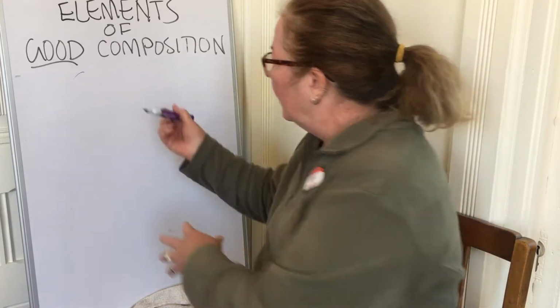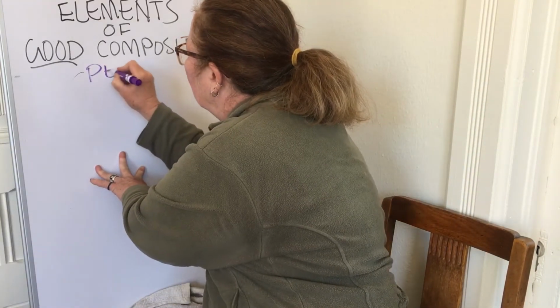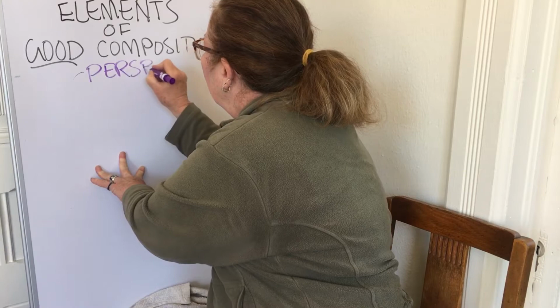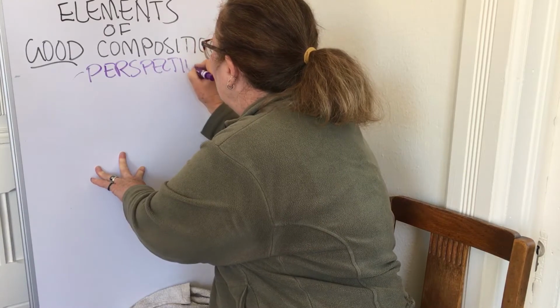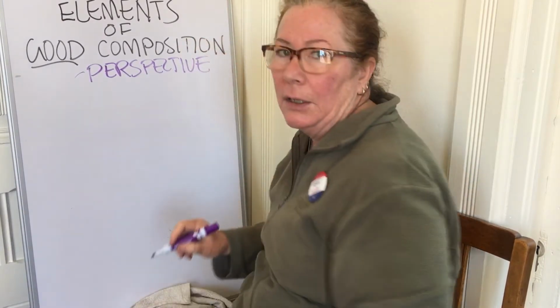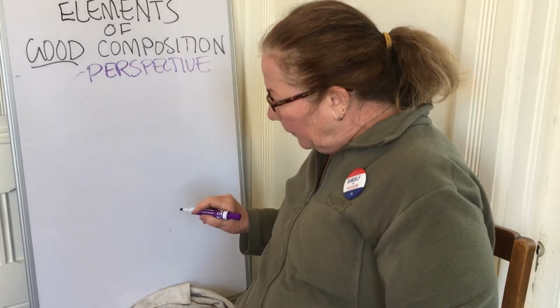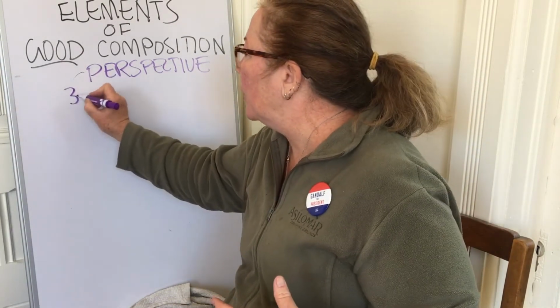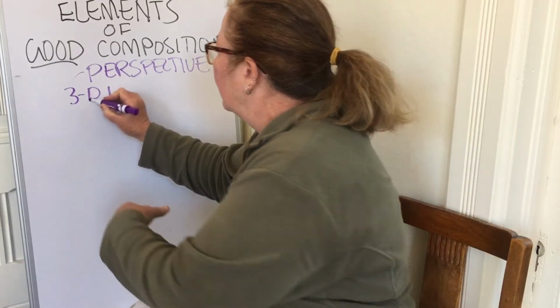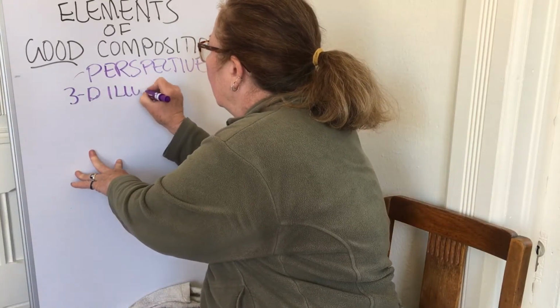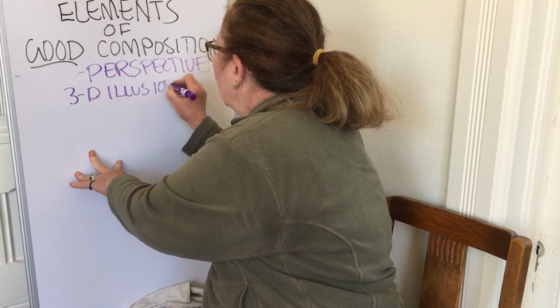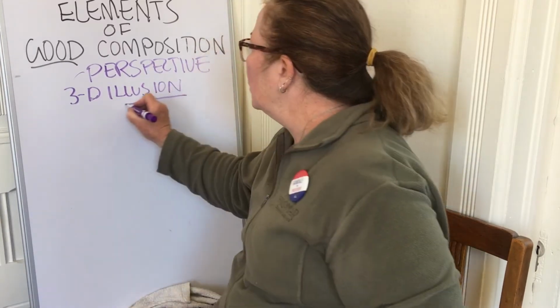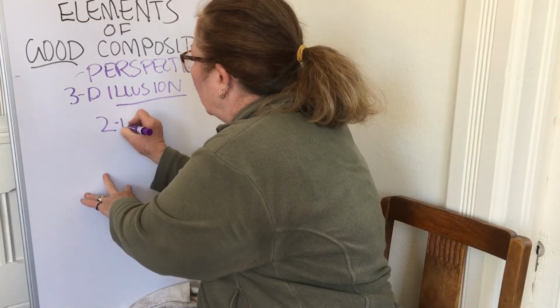And so with perspective, and this is something that you may have already heard about if you've taken art classes, with perspective we're able to create a 3-dimensional illusion in a 2-dimensional space, right?